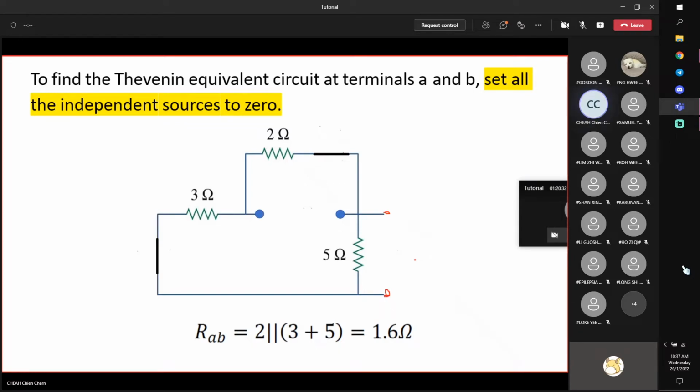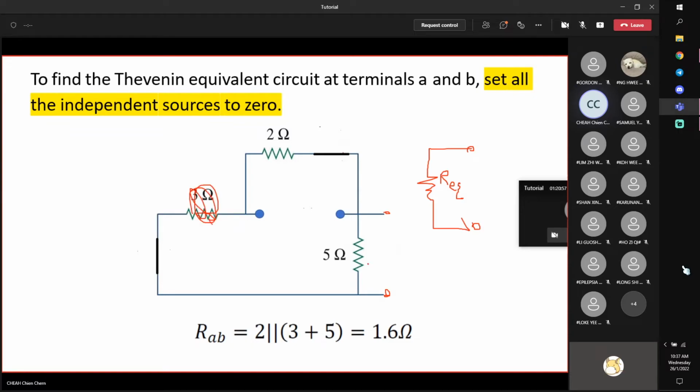After that, find the equivalent resistance across this terminal. Take note that it's across this terminal, which means that as far as this terminal is concerned, you must simplify into one equivalent resistance. And we can see that this 3 ohms is in series with 5 ohms.